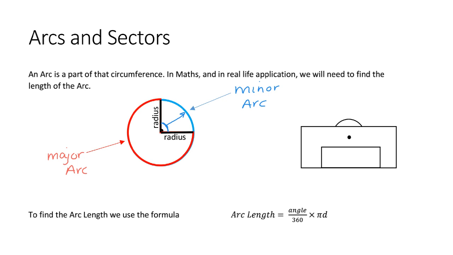If we were looking to find the major arc, then we would need to calculate what this angle is, because that's the angle that corresponds to the major arc. That's that portion.